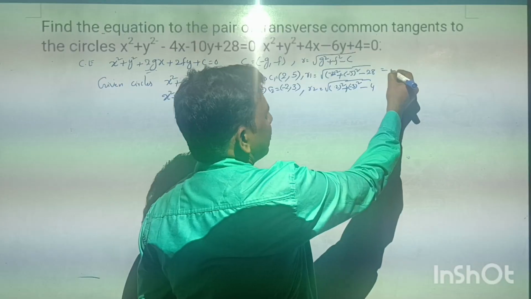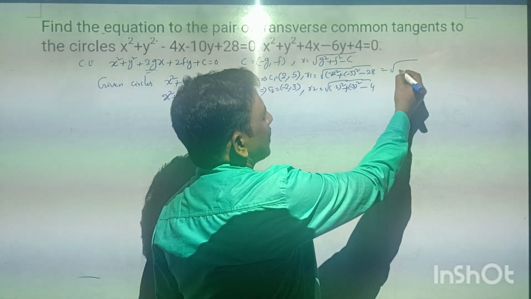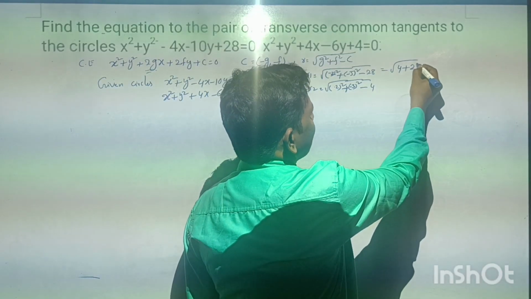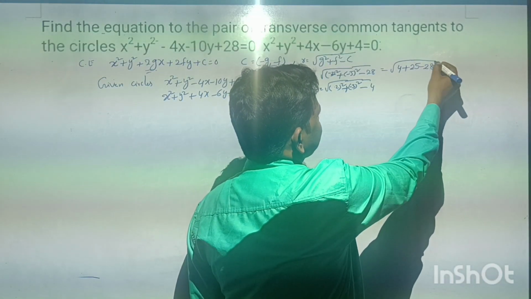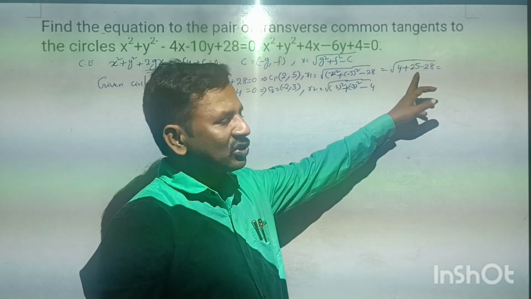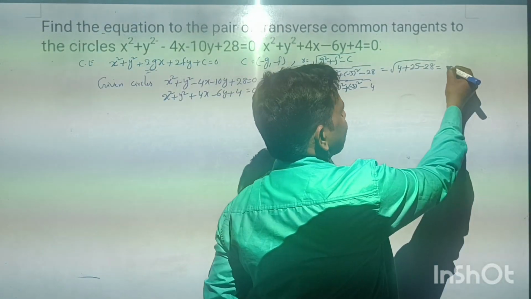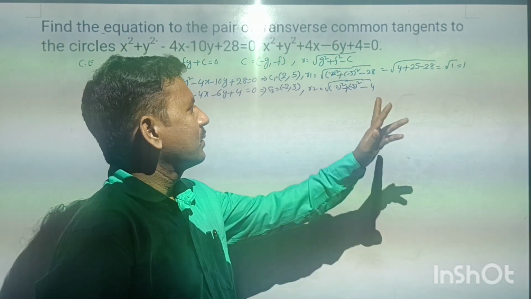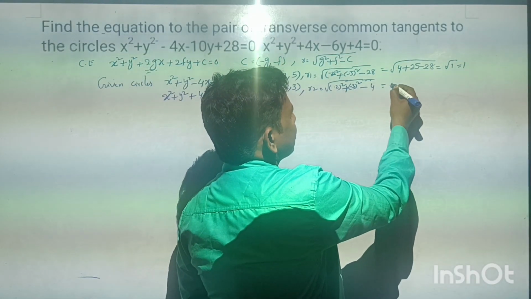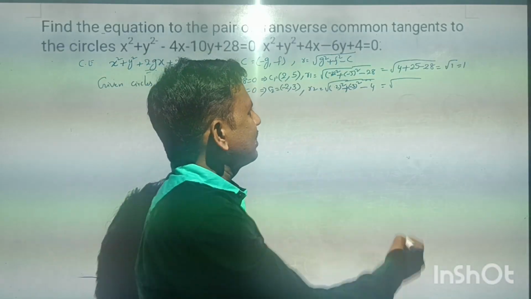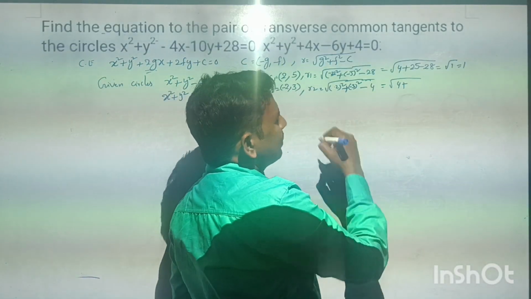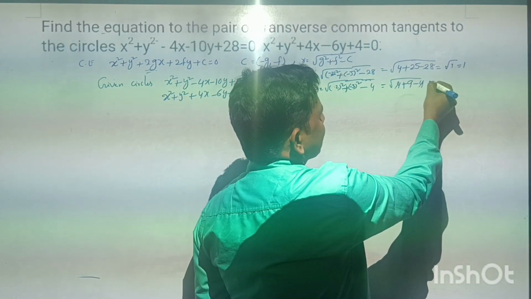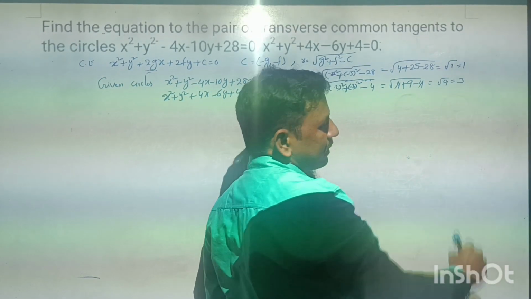Therefore, 2 square is 4, minus 5 into 5 equals 25 minus 28. Therefore 4 plus 25 is 29, 29 minus 28 is 1, so root 1 equals 1. R1, the radius of the first circle, equals 1. Now R2, the radius of the second circle: 2 square means 4, minus 3 whole square means 9, minus 4. 4 cancels, root 9 equals 3.